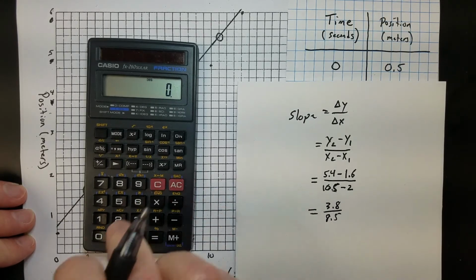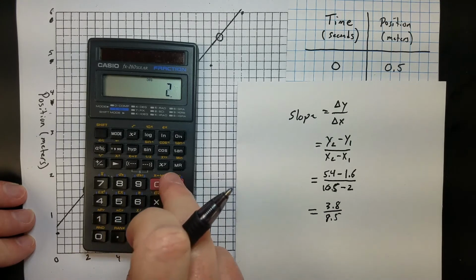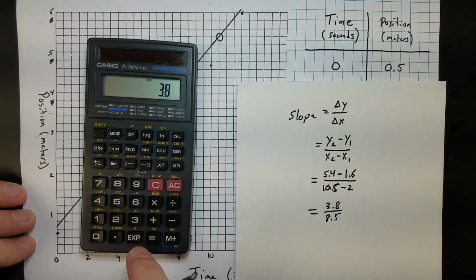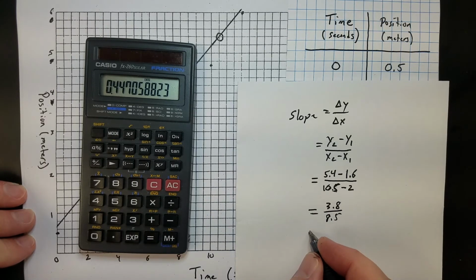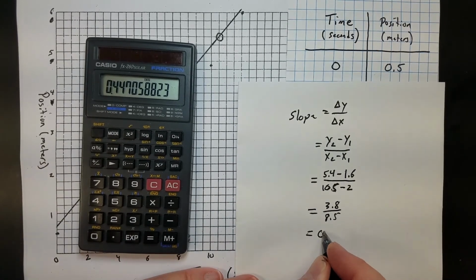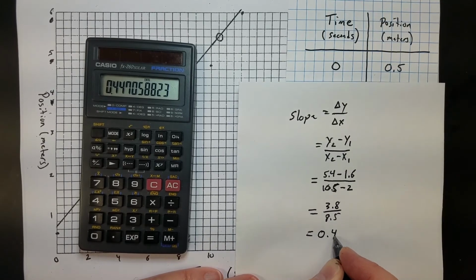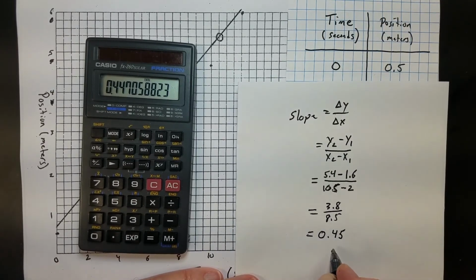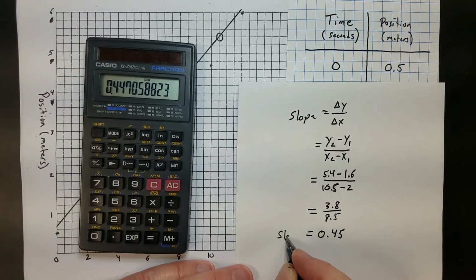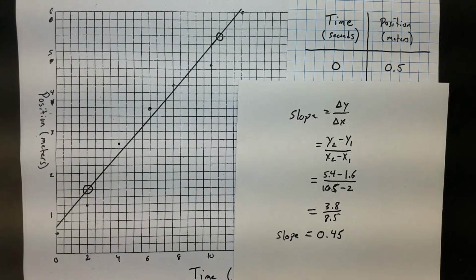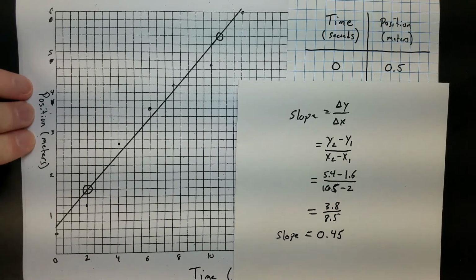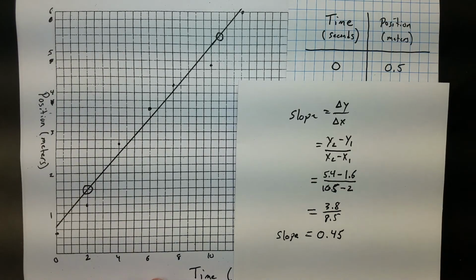8.5. Now if we divide those, 3.8 divided by 8.5, we get a slope of 0.45. But slope actually means something. So in this case, we have position divided by time.